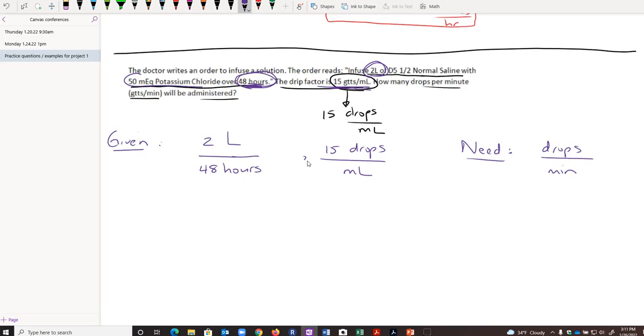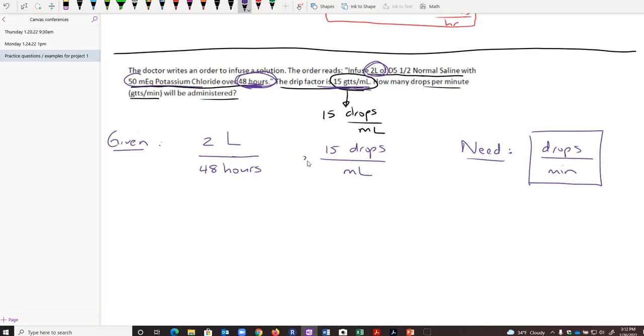All right, so a couple things to keep in mind here. Really, all of the questions actually boil down to just converting units. We need to know the relationship between one unit and another unit. So we want to end up with eventually drops in the numerator, minutes in the denominator. Well, let's see what we have to work with.